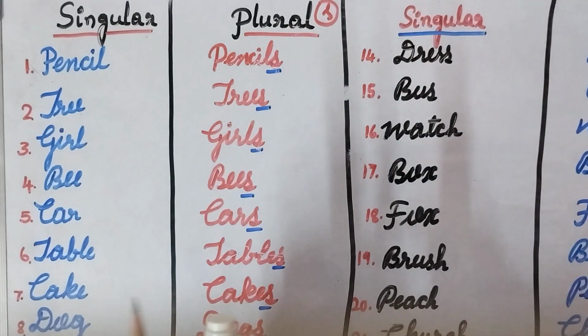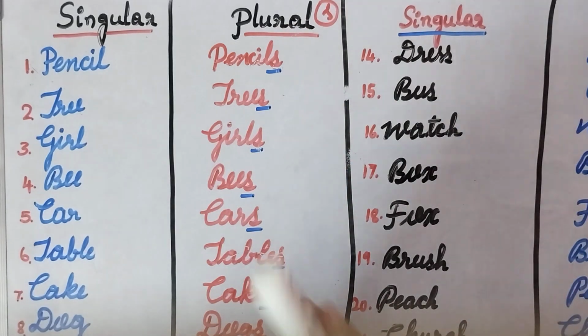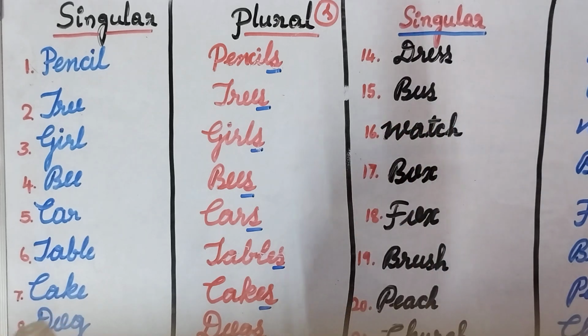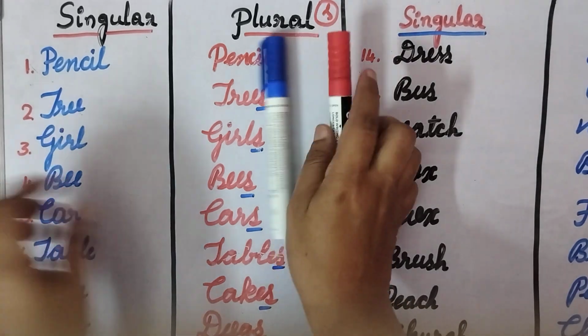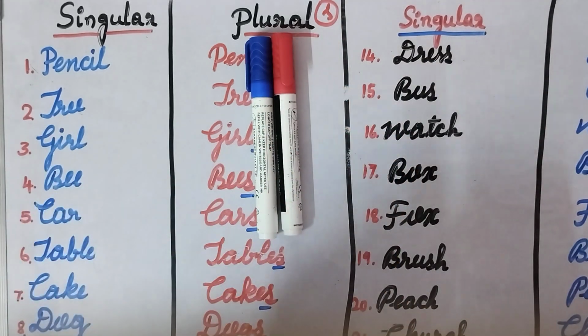What about plural? When we talk about people or things which are more than one in number. For example, I have two markers.